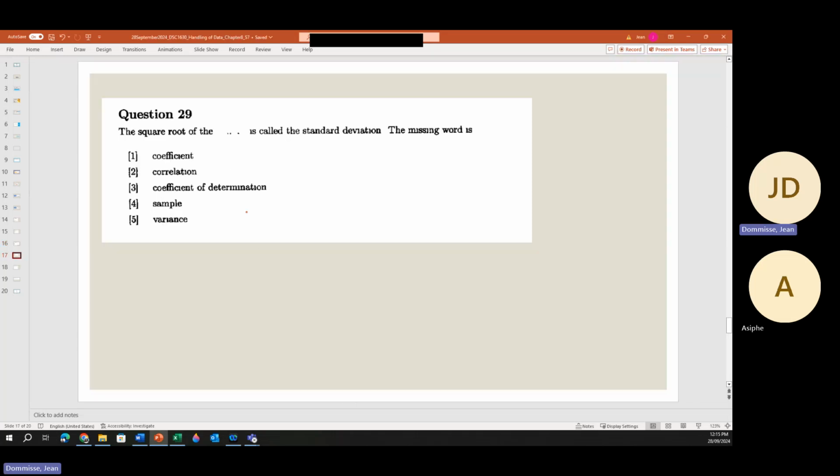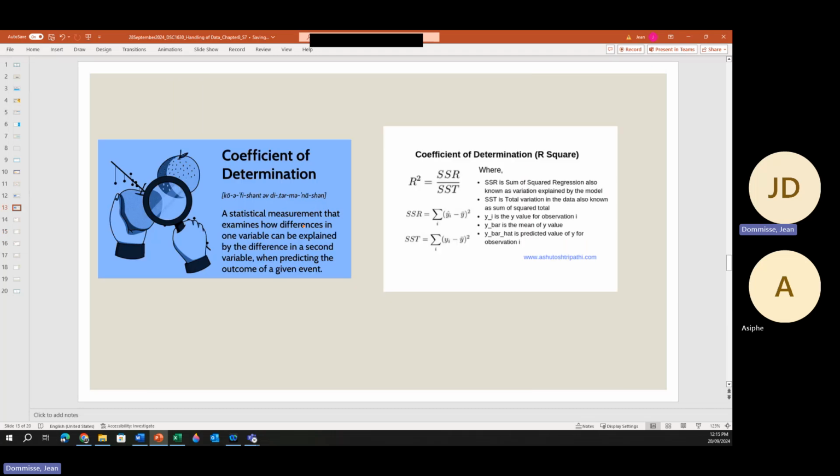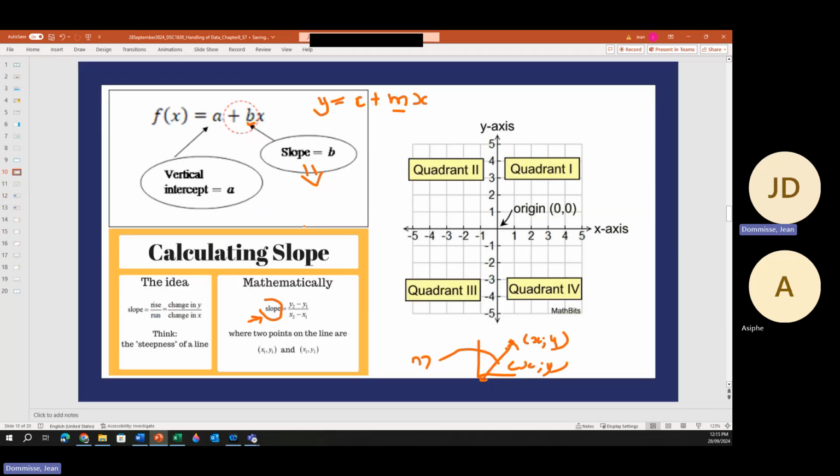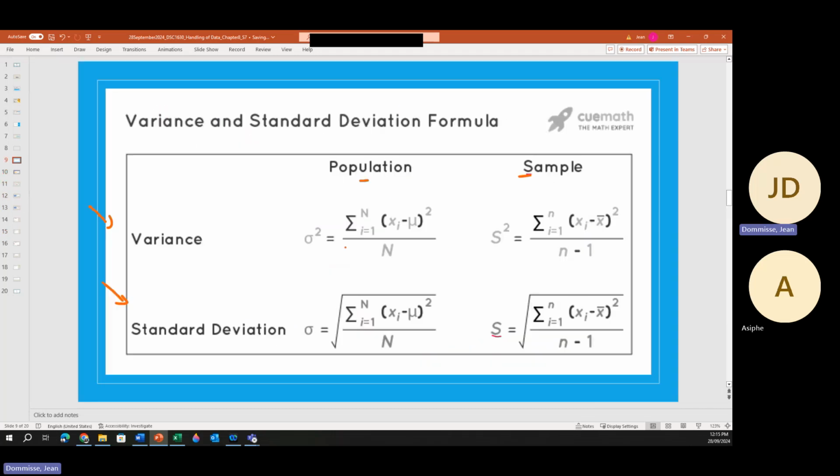There's a question that looks a bit more at the definition. Also important to understand those things. So the square root of what is called the standard deviation? If we go back to some of the definitions, the square root of what is equal to the standard deviation?